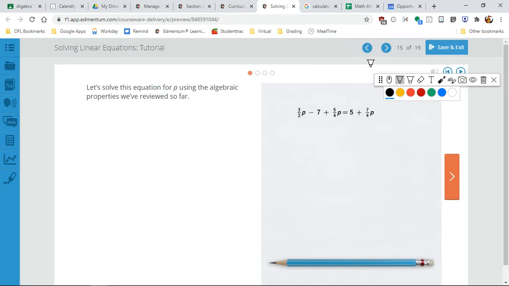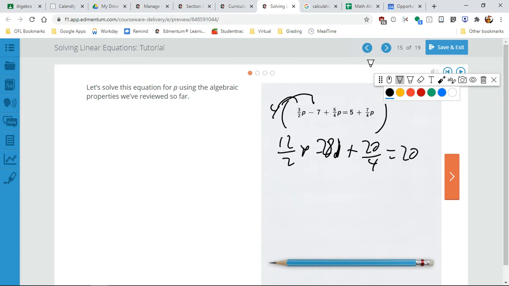So what I'm going to do is multiply everything by 4. So this makes this 12 over 2p, because I'm just multiplying the tops, remember? Minus 28, plus 4 times 5 is 20, divided by 4. 4 times 7 is 28.